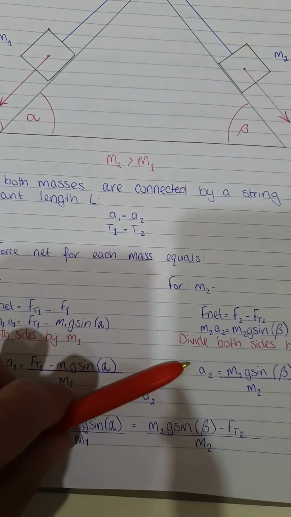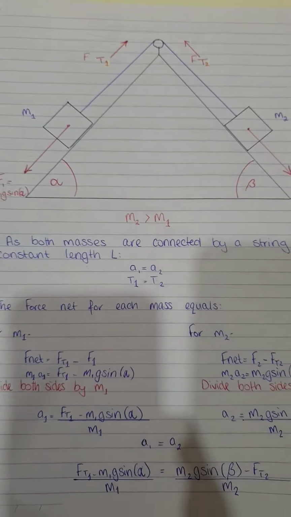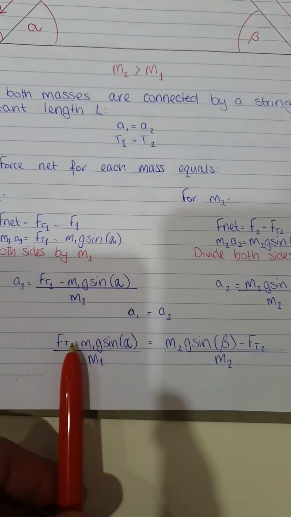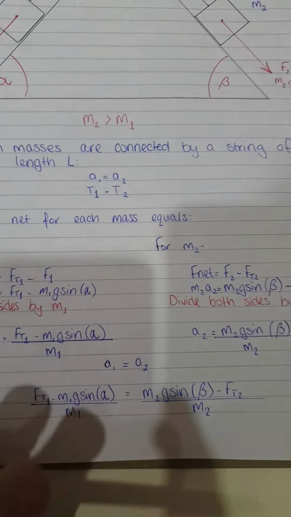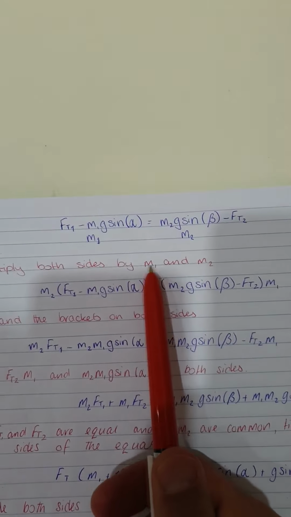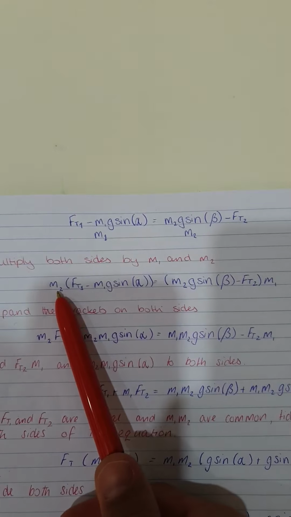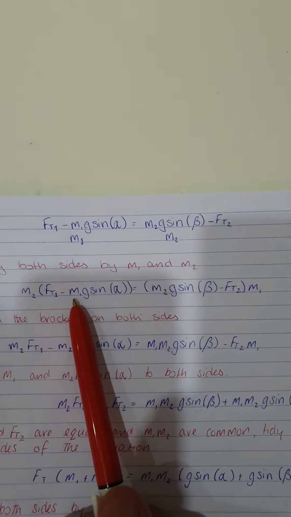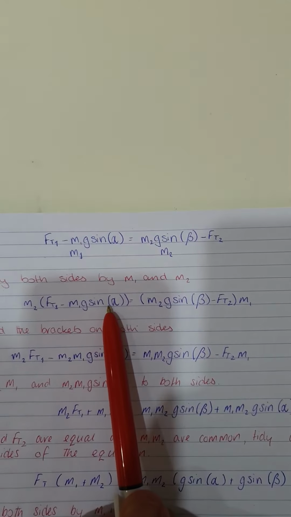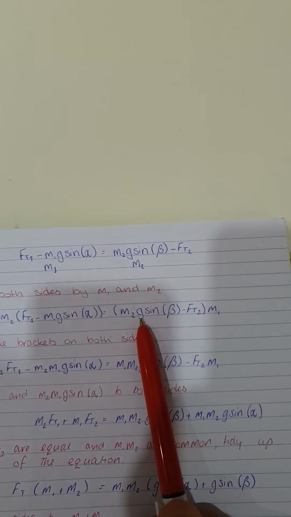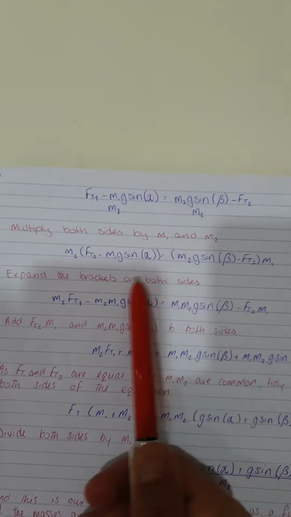So now we have two equations for acceleration, and we can combine these two equations and work out our tension from there. From our two equations, if we multiply both sides by m1 and m2, we end up with, on the left hand side, m2 multiplied by T1 minus m1 g sine alpha is equal to m1 multiplied by m2 g sine beta minus T2.